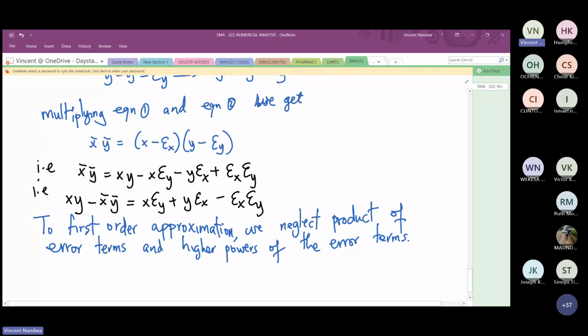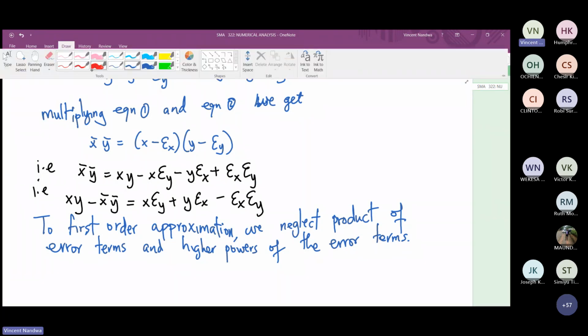This statement of first order approximation will be very common in most of the derivations we are going to make in this course, and also as we grow in the field of mathematics, it will be a very common statement to do approximation in some derivations.